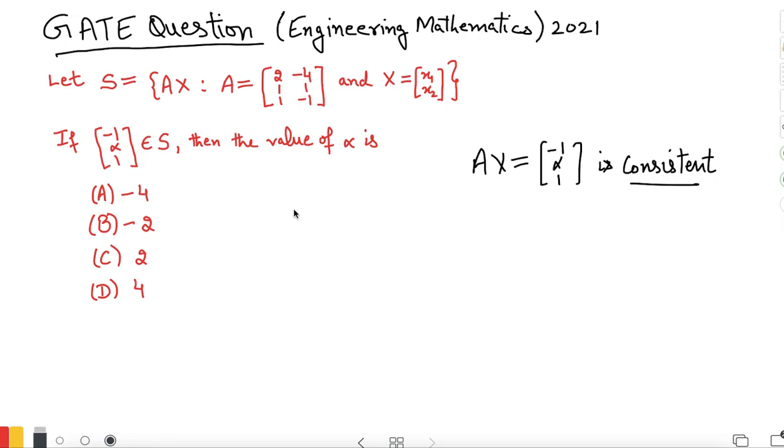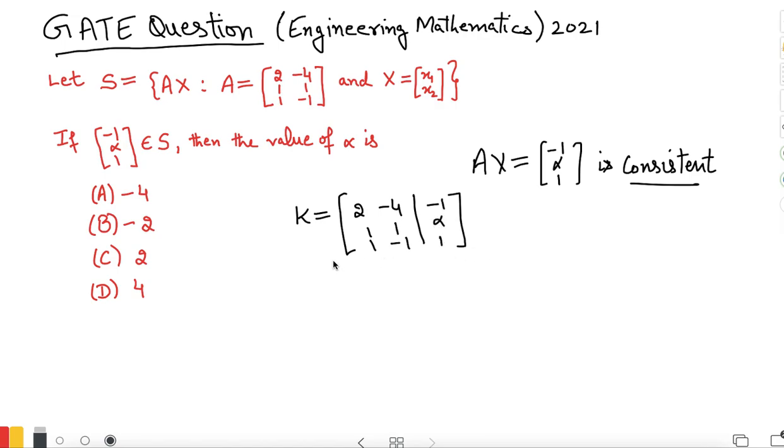For that we know that we can write an augmented matrix where the left hand side is the columns of A and the right hand side will be b, or minus 1, alpha, 1. So the columns of A are 2, minus 4, 1 and 1, 1, minus 1, and on the right hand side we have minus 1, alpha, 1.